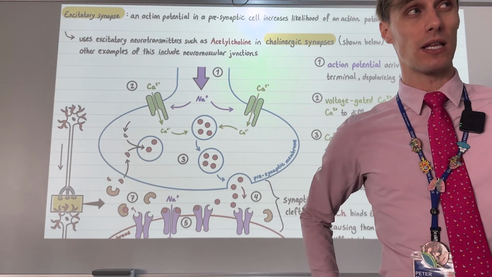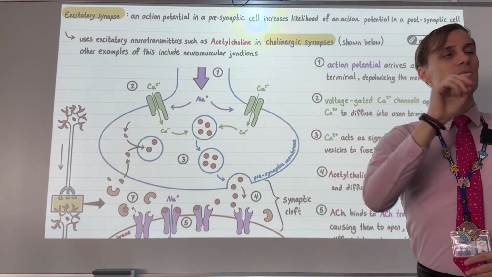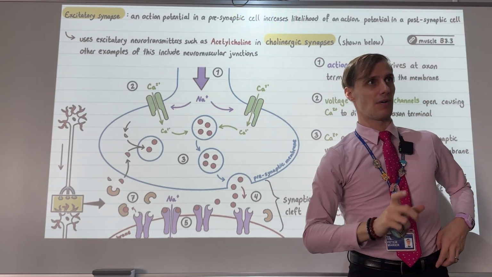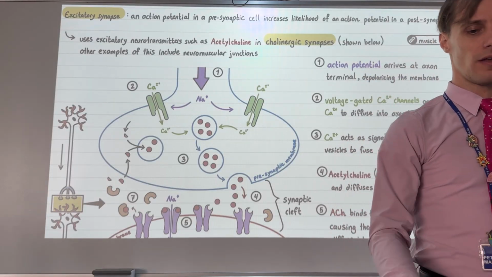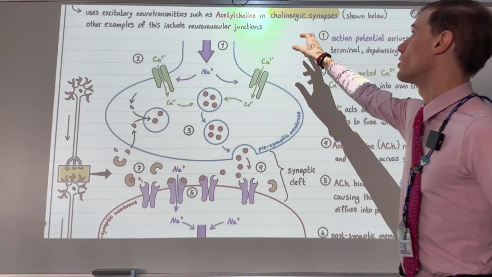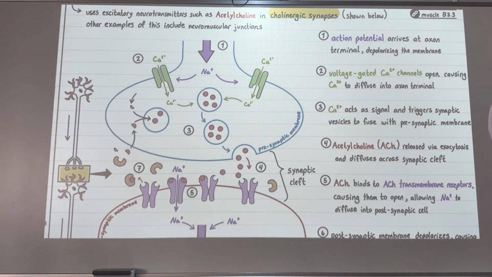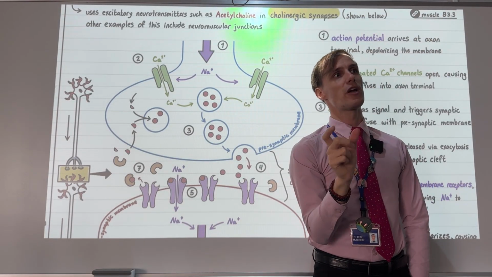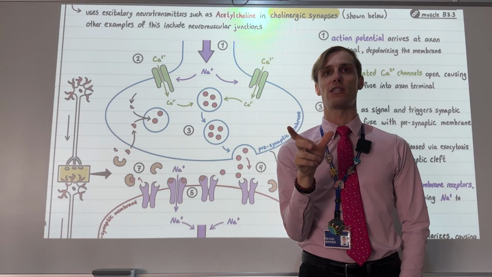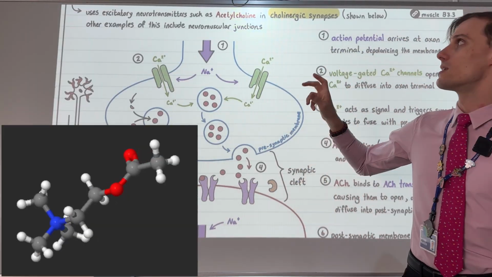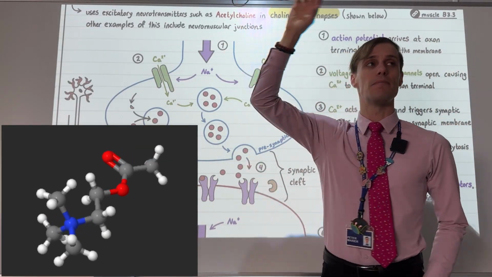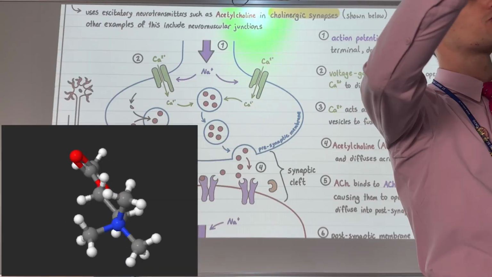And specifically, we're going to be looking at one particular type of excitatory synapse in SL, and that's called a cholinergic synapse. Now, this term comes from the name of the major neurotransmitter that we're using. That neurotransmitter is acetylcholine. So acetylcholine is going to be the main excitatory neurotransmitter.